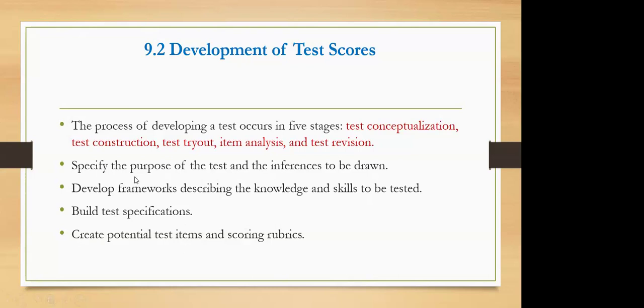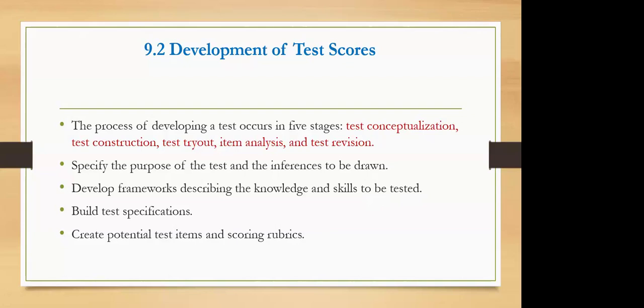So then we have to specify the purpose of the test and the inference to be drawn. Then develop frameworks describing the knowledge and skills to be tested. Then build test specifications. Then create potential test items and scoring rubrics. Scoring rubrics is like a marking scheme.